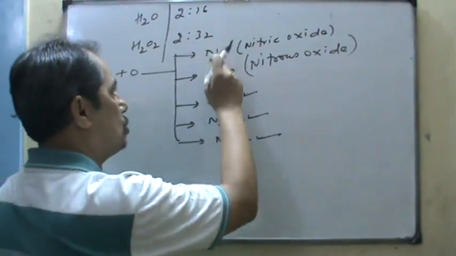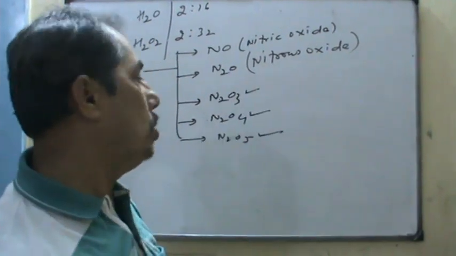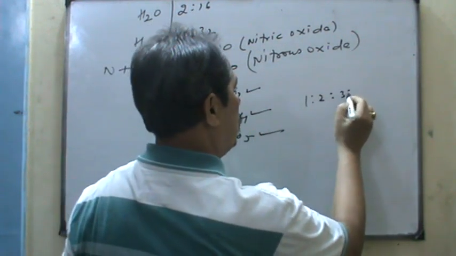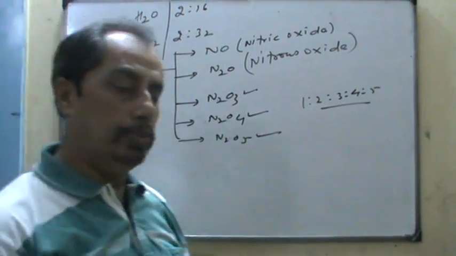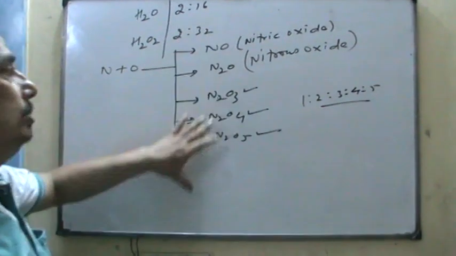Consider the mass of nitrogen remains constant, then take the oxygen in various forms, and you will get the answer 1:2:3:4:5. You will prove the law of multiple proportion by taking the oxides of nitrogen.